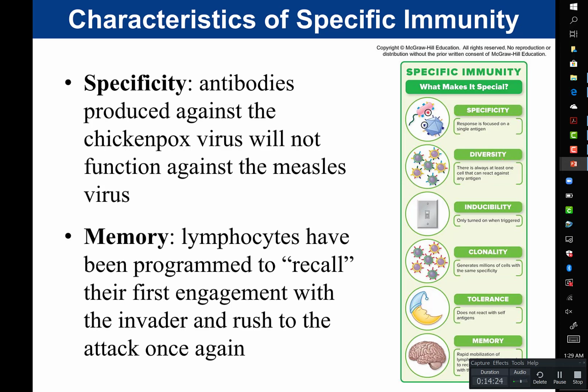And it's going to produce lots of clones that recognize the same antigen. The immune system also has what we refer to as tolerance, and that is that it does not react with self-antigens. So again, it's not going to target our own cells, but instead target foreign invaders.